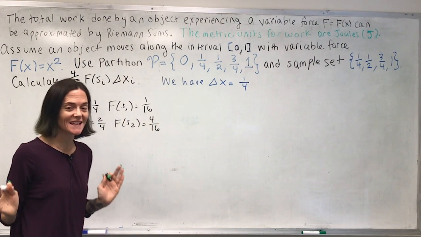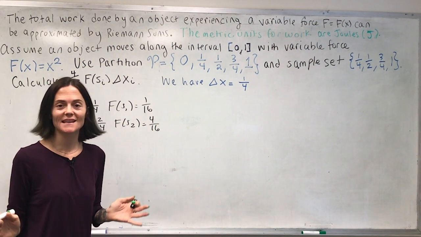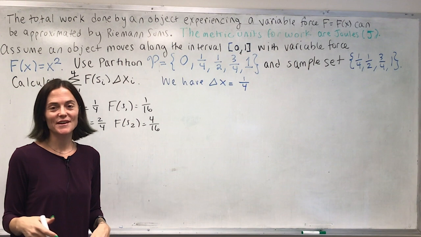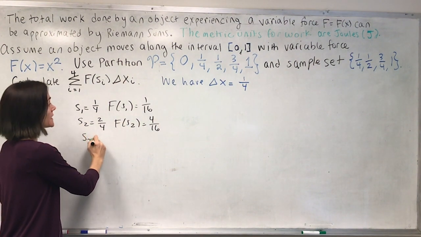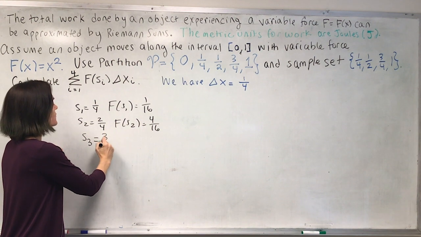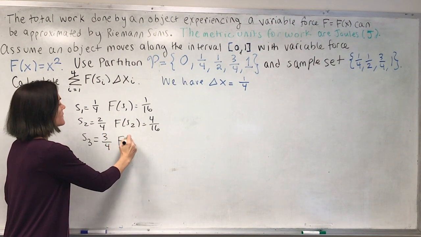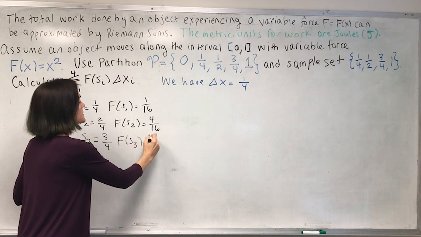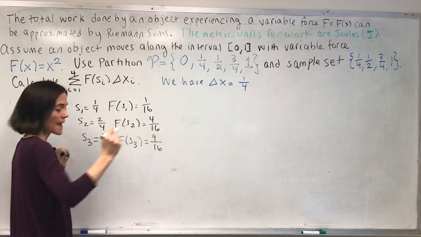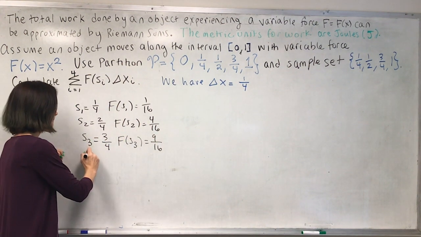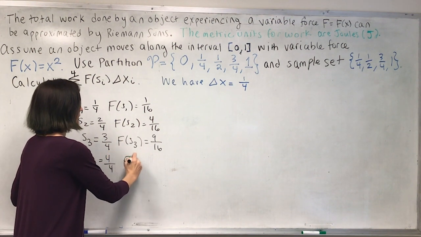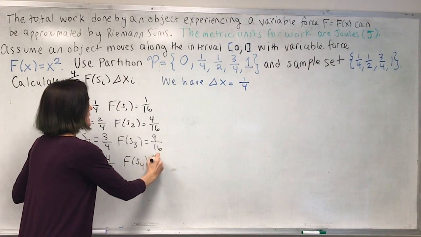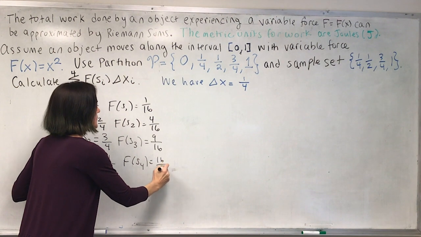I'm purposefully leaving these all over 16 so that when I add, I already have my common denominator. And then S3 is 3/4. F of S3 is 9 over 16. And finally, S4 is 4 over 4. F of S4, 16 over 16.